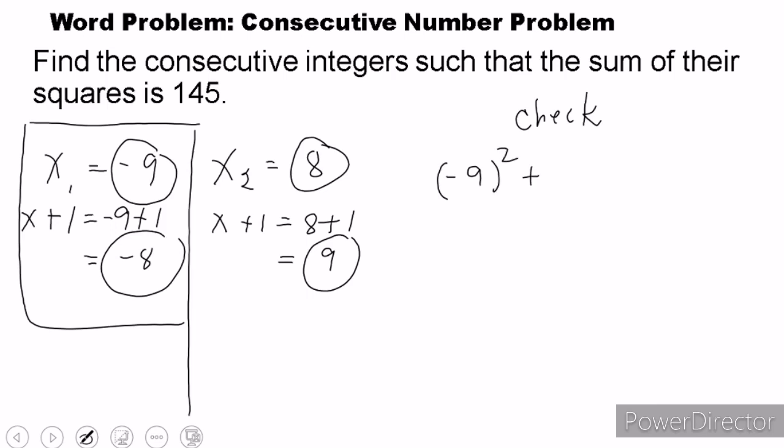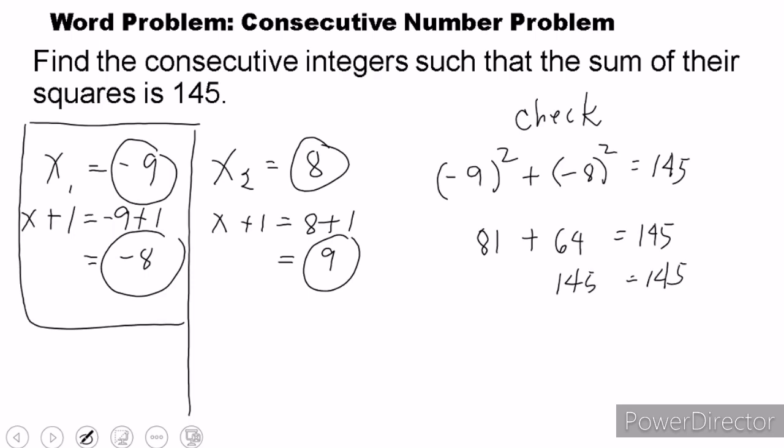Pag in-add daw natin sa square ni negative 8, ang sagot ay 145. So, negative 9 times negative 9 is 81, plus negative 8 times negative 8 is 64, which is equal to 145. 81 plus 64 is 145, equals 145. So, check. Tama yung una nating sagot.